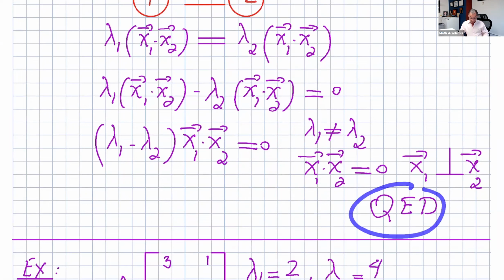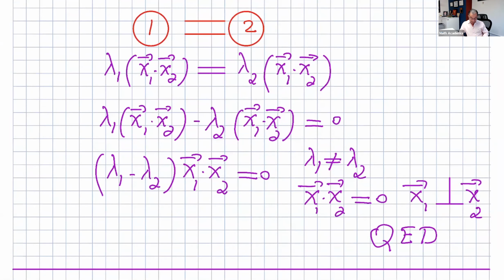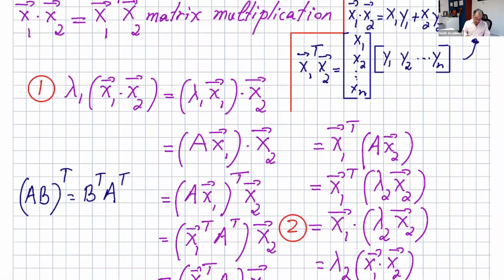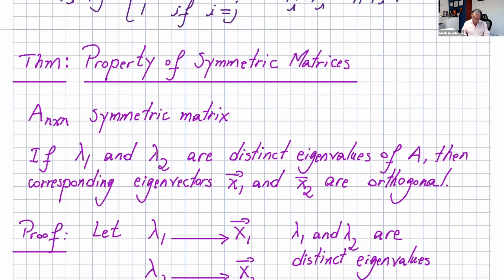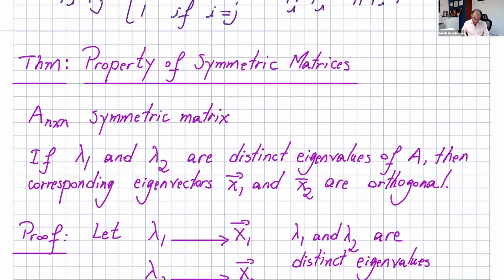And again, our goal was to prove that if lambda 1 and lambda 2 are distinct eigenvalues of A, then the corresponding eigenvectors x1 and x2 are orthogonal. And we did see that the dot product of these two vectors gave us 0.